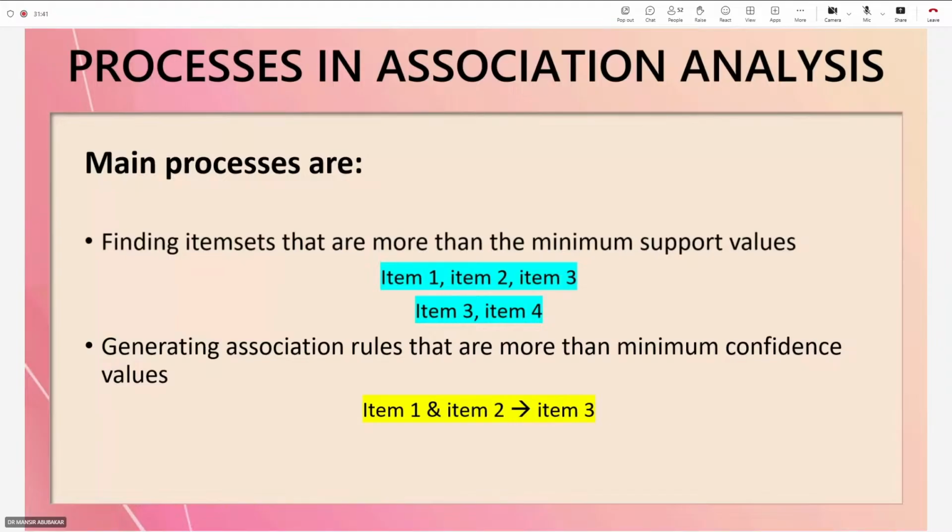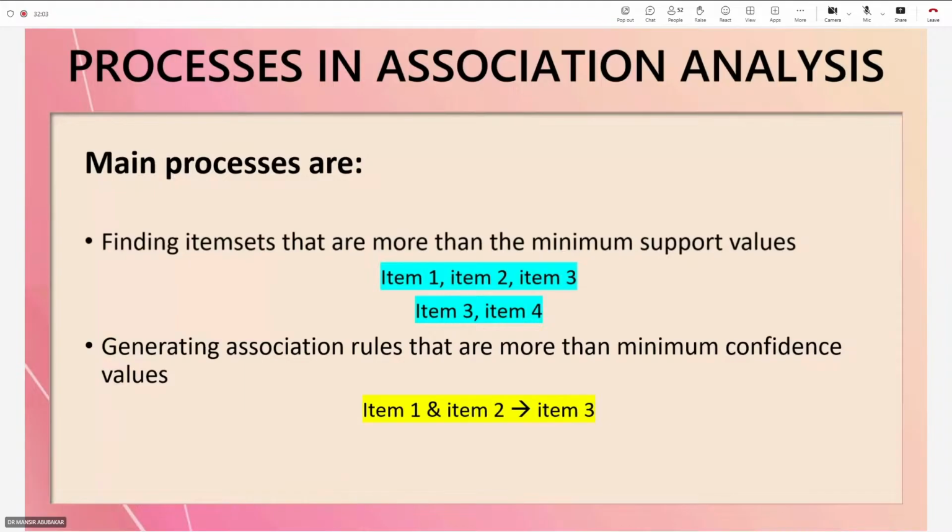In the first transaction, item 1, item 2, and item 3 were bought in the shop. In the second transaction, item 1 and item 2. In the third transaction, item 2 and item 3. So if we want the support of item 1, how many times was item 1 bought among the transactions? This is what we mean by support.